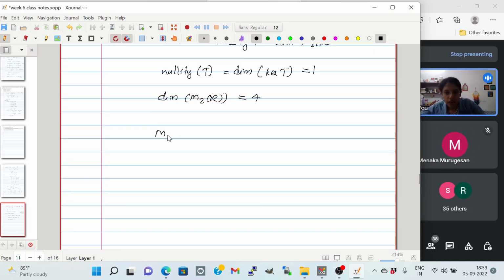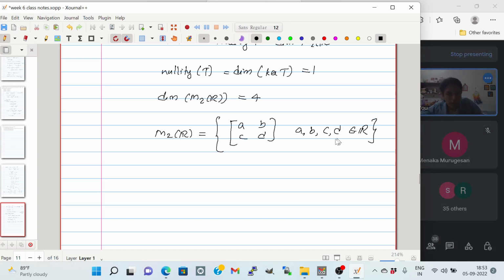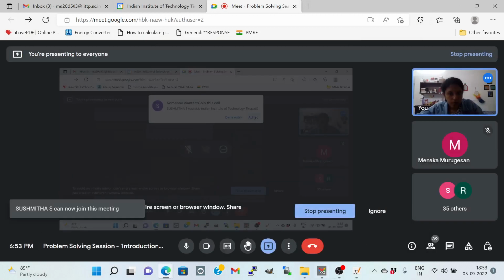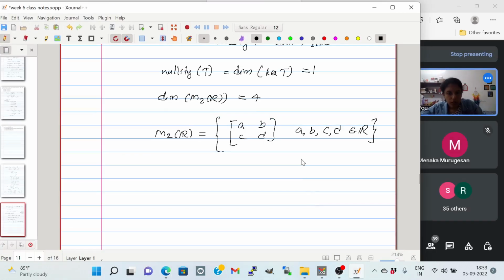I will tell you how. M2 of R, as I already told, is the set of all matrices of the form A, B, C, D, where A, B, C, D are elements of R. So here we have 4 variables.